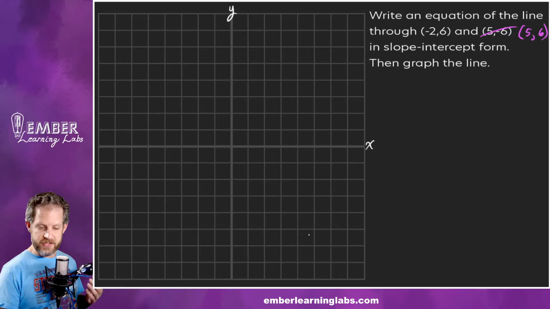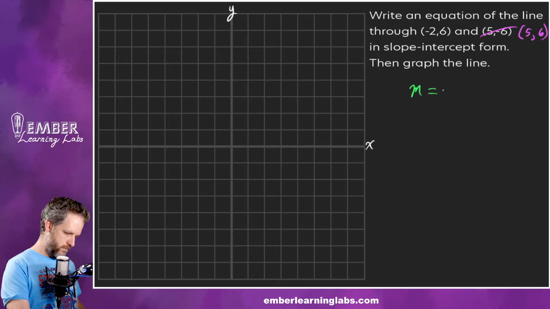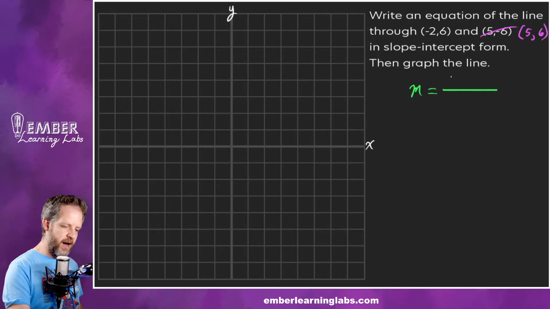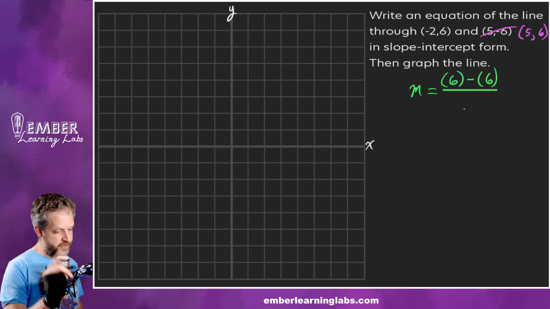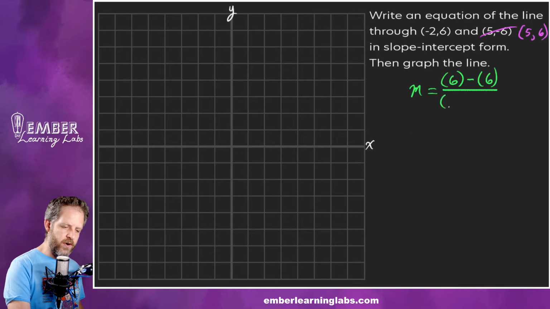So we got to do the same thing. We're going to find the slope using the slope formula. So we're going to do m equals the difference of the y's on top. So 6 minus 6, that should give us a thought and a clue right there, over 5 minus -2.